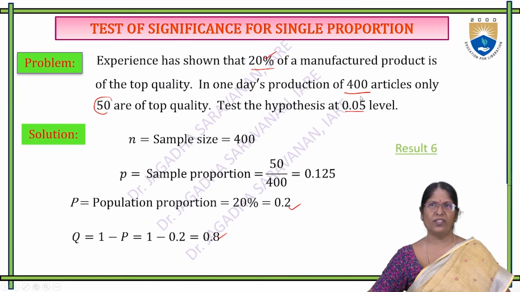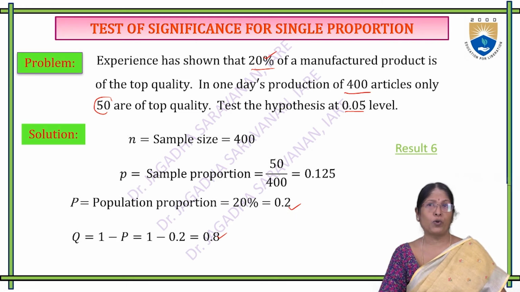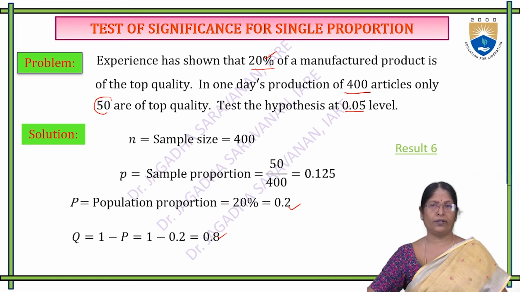In this question, they didn't give any indication of how to reject. So in general, from the statement given, we have taken the two tails, defining top quality as the null hypothesis and not top quality as the alternative. But since we are comparing the sample proportion with the population proportion, we can go for a one-tailed test also.